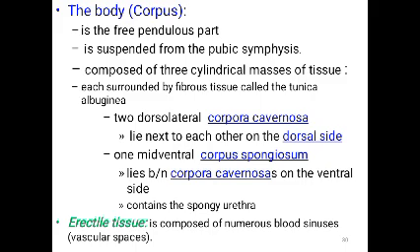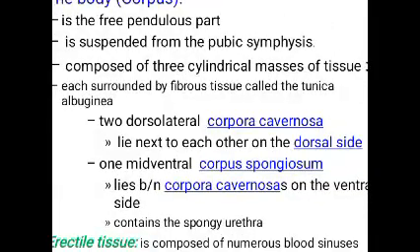Two dorsolateral corpora cavernosa lie next to each other on the dorsal side. One mid-ventral corpus spongiosum lies between the corpora cavernosa on the ventral side.